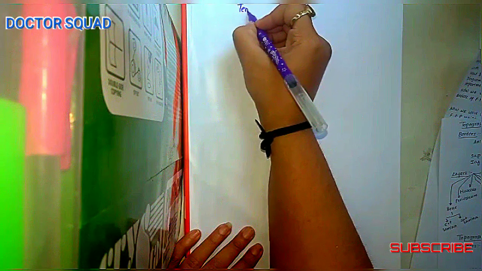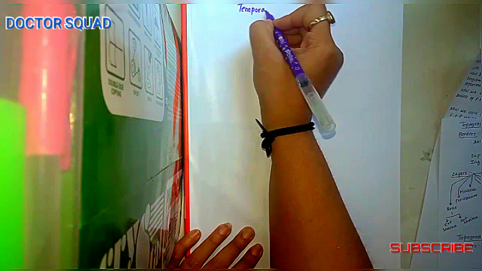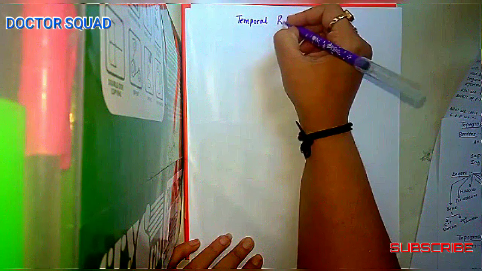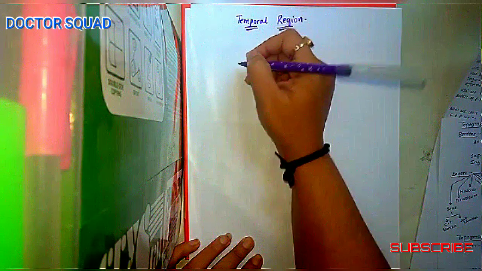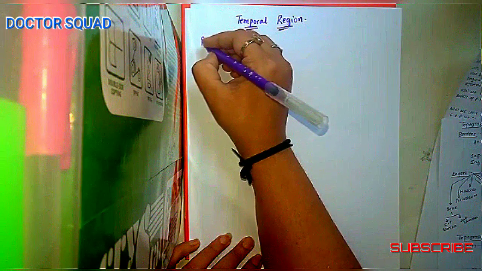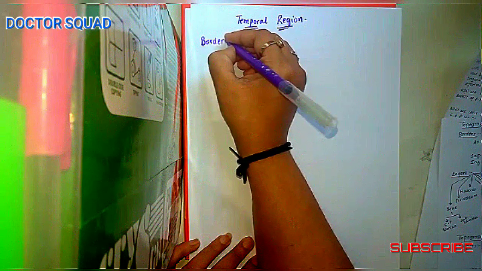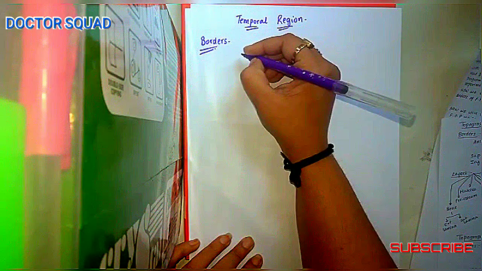So let's begin with the temporal region, right? The temporal region also consists of borders and layers. So let's begin with the borders, right?